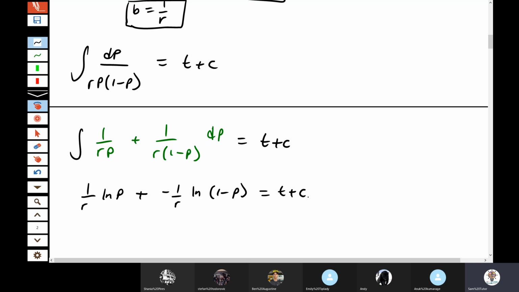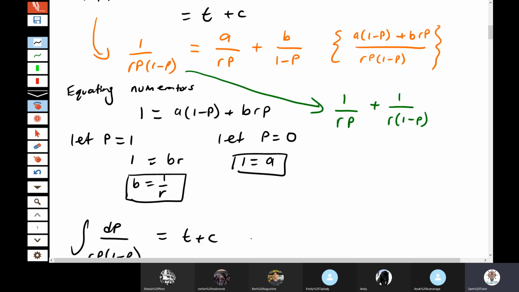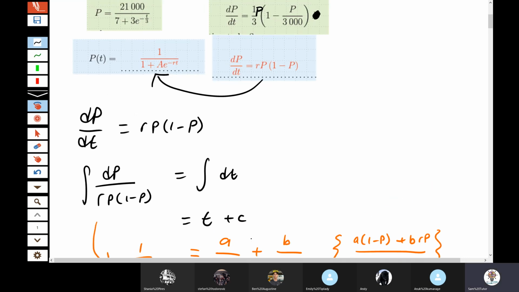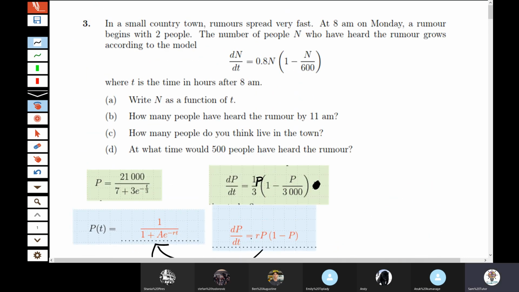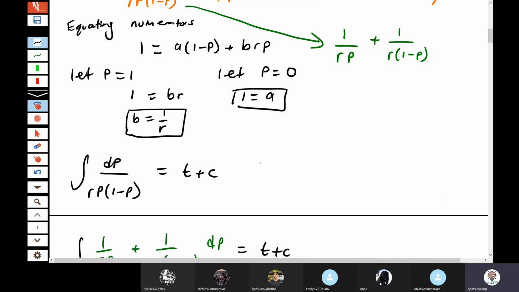We're trying to solve for p. Before I can do that, I need to get rid of the constant c. So initially, when time is 0, population equals, well, it depends on the case.